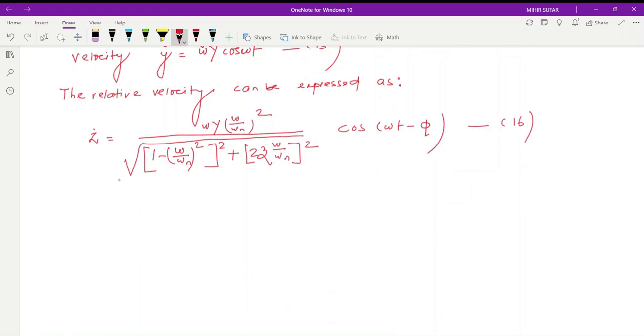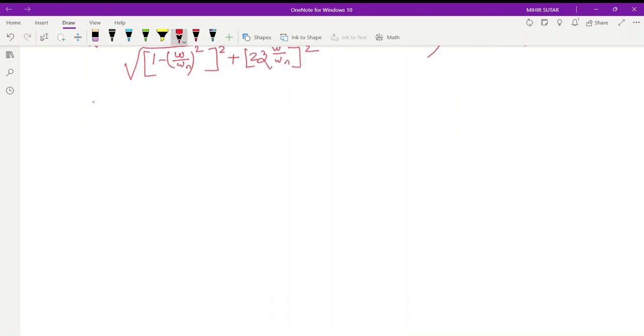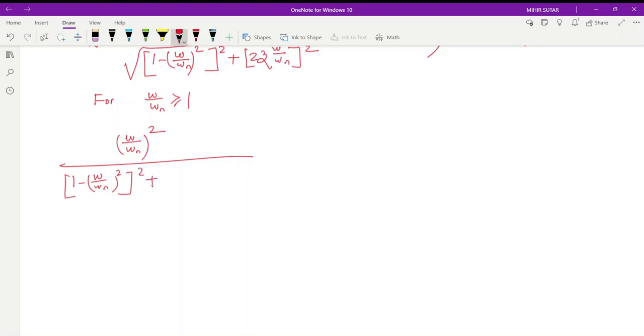So for a value of omega by omega n greater than or equal to 1, we can write this equation as omega by omega n squared over the square root of (1 minus (omega by omega n) squared) whole squared plus (2 zeta omega by omega n) squared, is equal to 1.